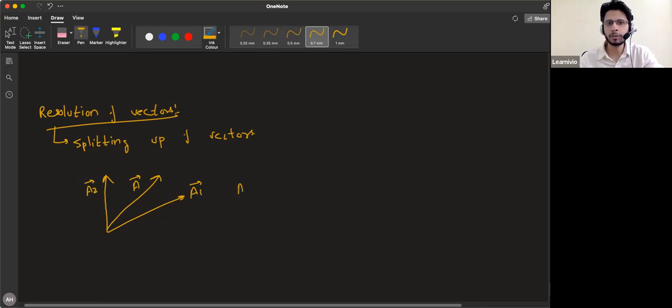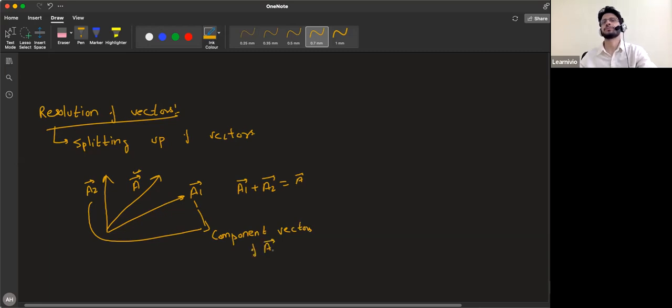And when you add them up, like when you add vector A1 plus vector A2, you will get back the same vector A. So these A1 and A2 are sometimes known as the component vectors of A. And when you add them up, it gives you the vector A.